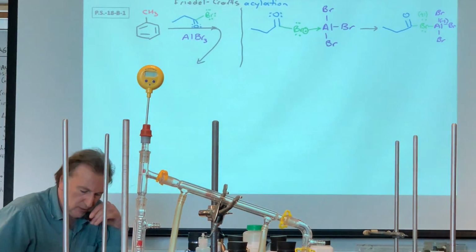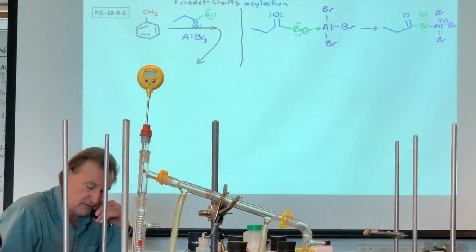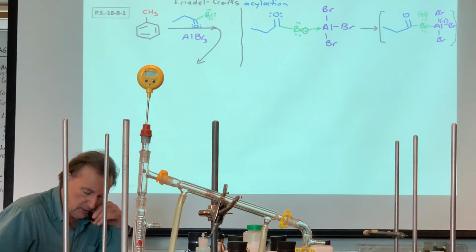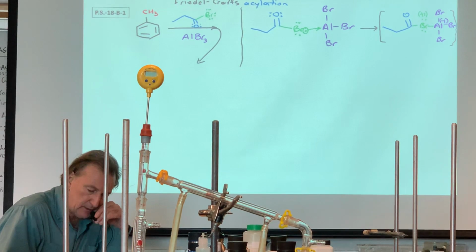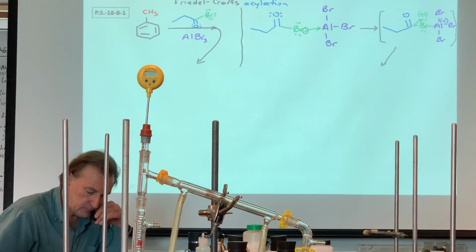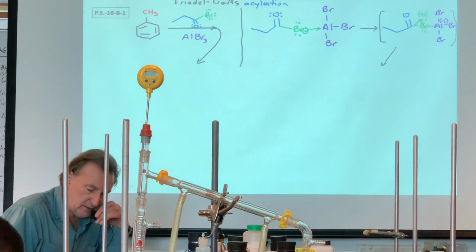All right? And so now, what happens in the next step, that's a temporary situation, if you may. I mean, just put it in brackets. That's not the resonance brackets. That's just something temporary. And then, of course, this green bond here leaves. And as a result, you're going to get this situation here.